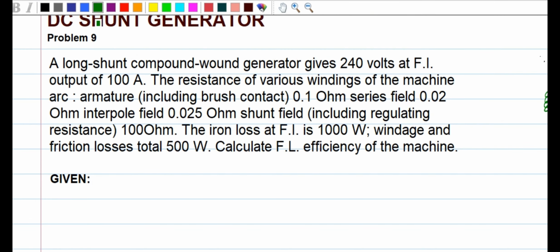For the next problem, we have a DC generator where a long shunt compound wound generator gives 240 volts at full load output of 100 amperes.